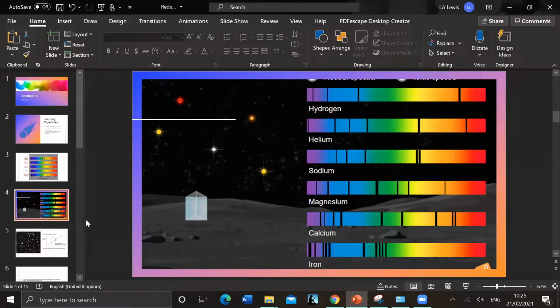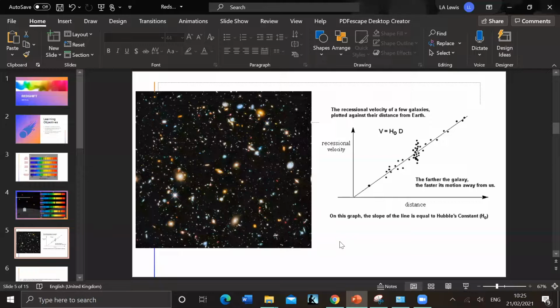Okay, it's so light. Another very key point about this would be the recessional velocity of a few galaxies plotted against distance. So this is Edwin Hubble's work. So these are all galaxies. We could do this ourselves.